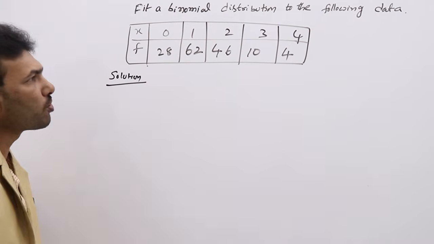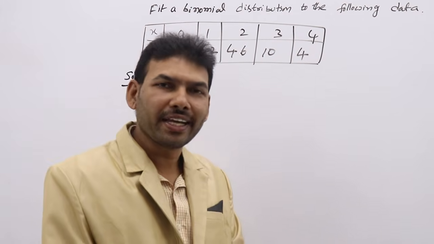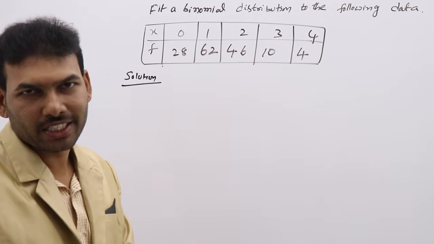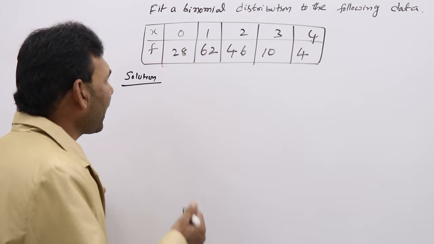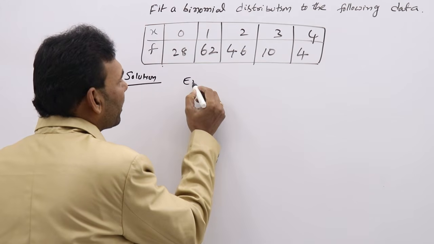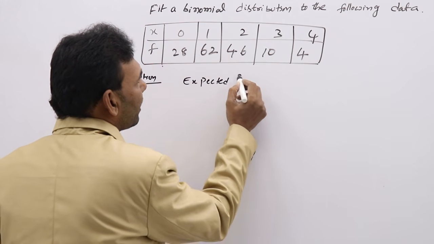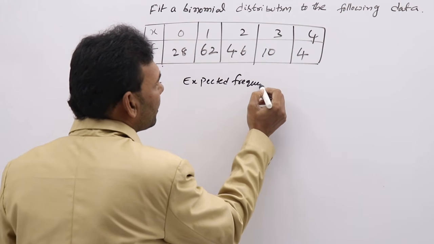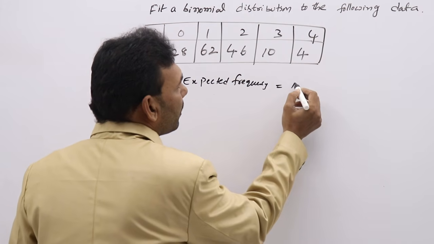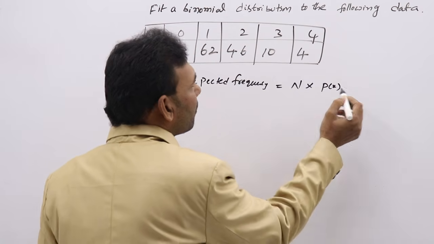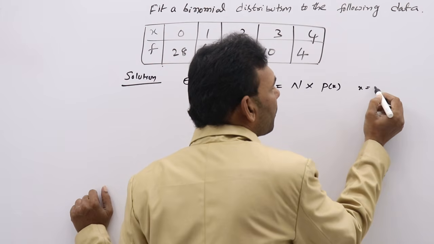Fit a binomial distribution to the following data. Fitting a binomial distribution to the data means finding expected frequencies. The formula to calculate the expected frequencies for the given frequencies is expected frequency equals capital N into P of x, for x equal to 0, 1, and so on.